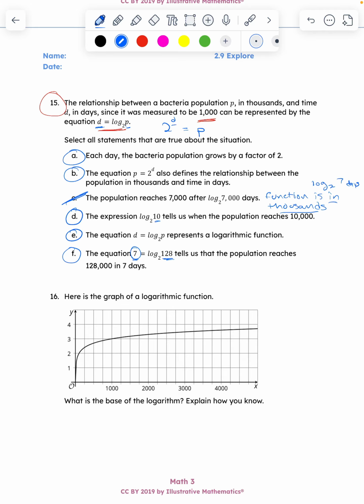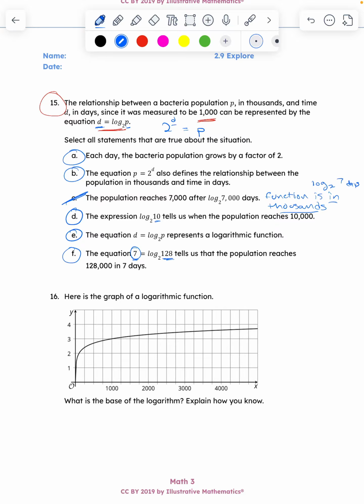Here's a graph of a logarithmic function. We know nothing about it except its graph. Whew, okay. We want to know the base. So the first thing that I want to do here is think about some points that I can recognize.